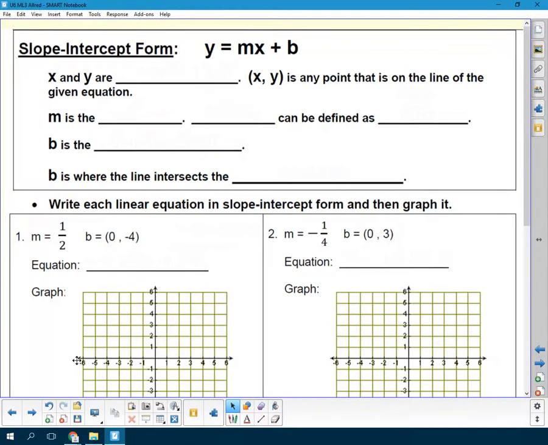When you look at slope-intercept form, we're always going to write equations that look like this. They're going to say y equals mx plus b. These equations are going to tell us what the graph of a line might look like.